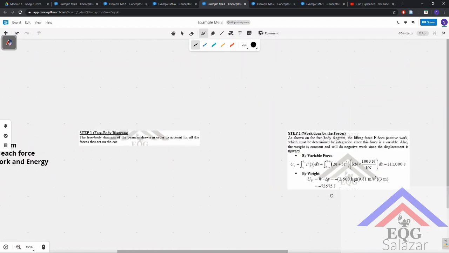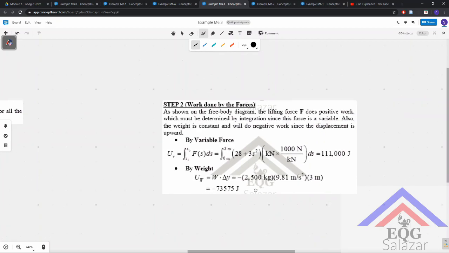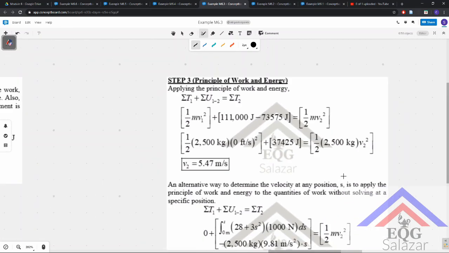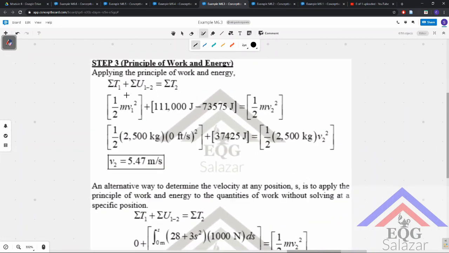After having determined the work done by the forces, we can then apply the principle of work and energy, which is the initial kinetic energy plus the sum of all work done on the body is equal to the final kinetic energy.